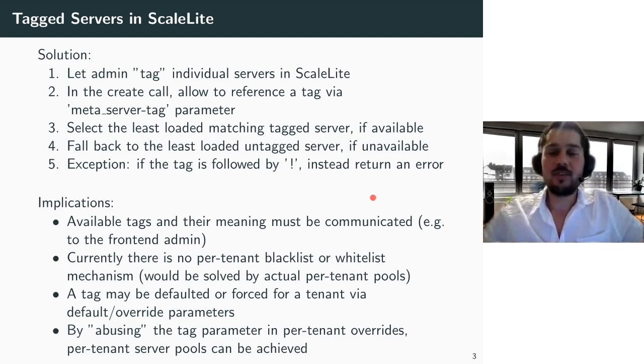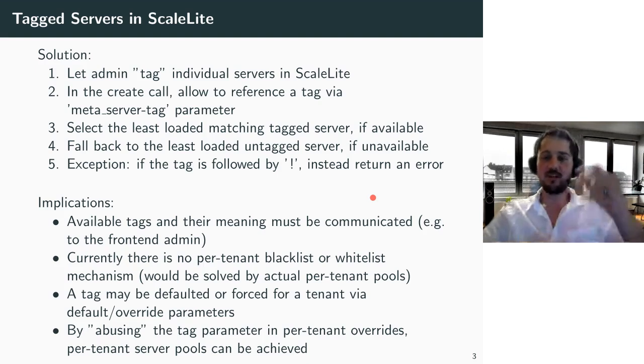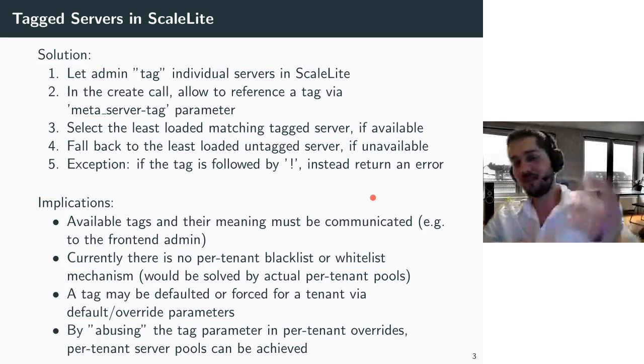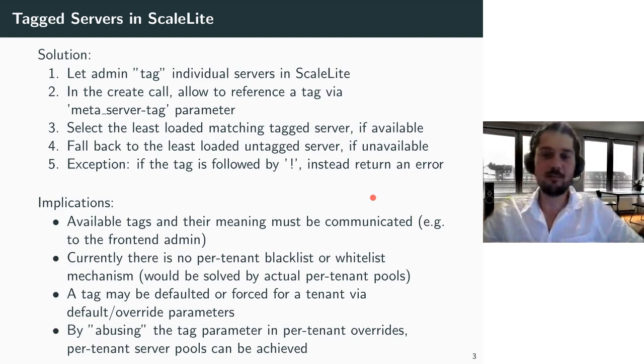So, solution pretty simple, but already there are some implications. Of course, the available tags and their meaning must be communicated to the ones who will pass them in the API call. That is the front-end admin effectively, which is in some cases the same person as the ScaleLite admin, but in many other cases not.